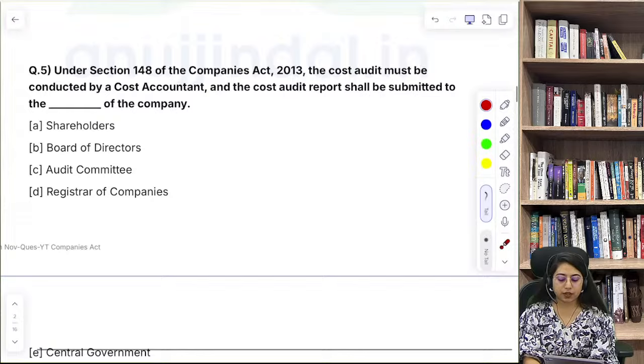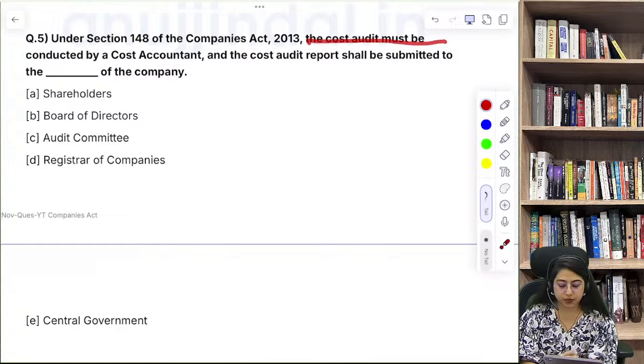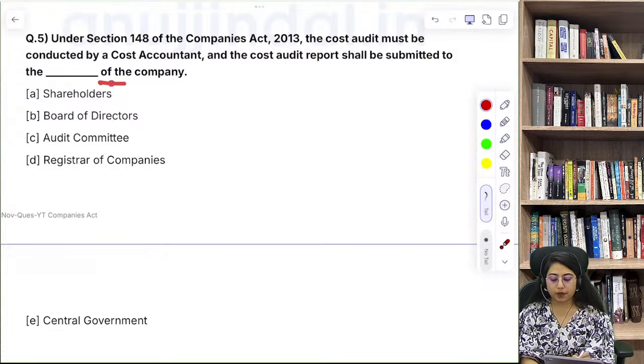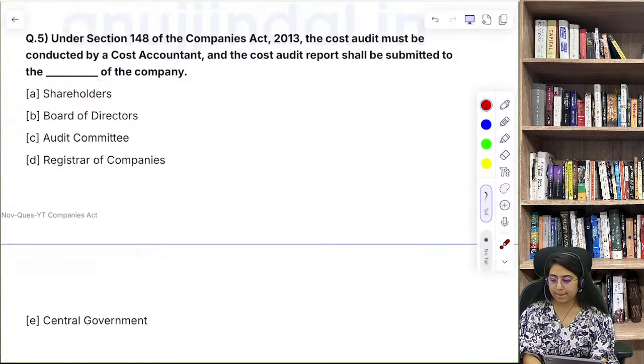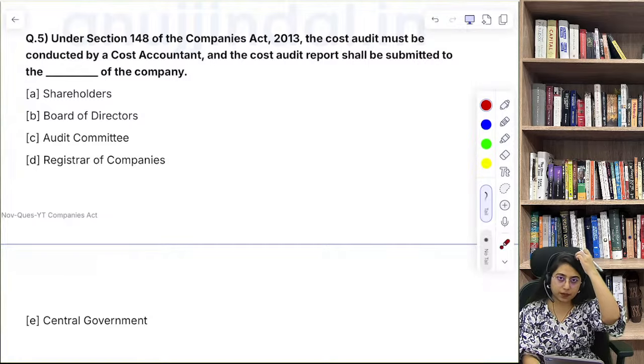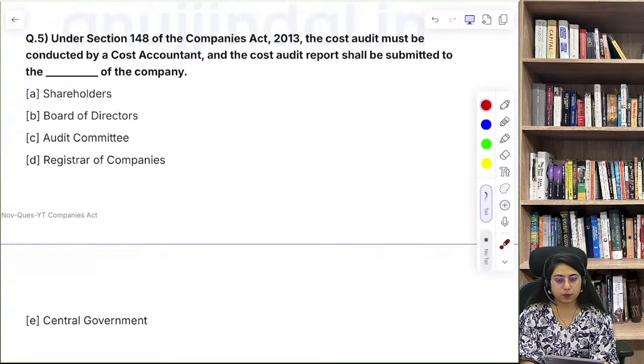Question number 5. Under Section 148 of the Companies Act 2013, the cost audit must be conducted by a cost accountant, and the cost audit report shall be submitted to whom of the company? Since the audit works on the terms of the board of directors, the report shall also be submitted to the board of directors.